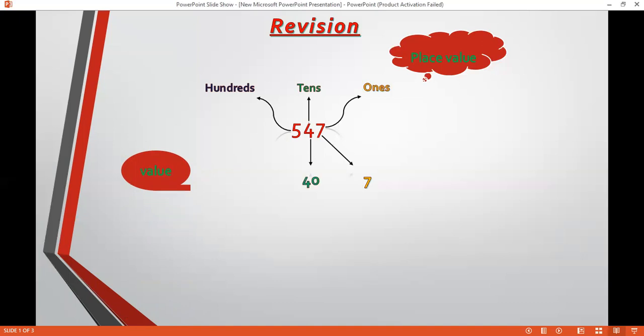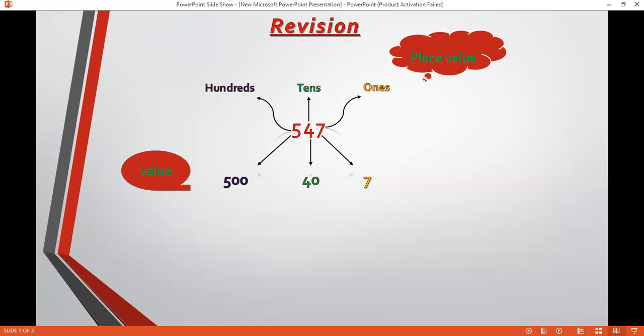That's right. What about the value of 5 here? 5 is in the hundreds place, so it will be 500. That's right, 500. The value of each digit here is 500, 40 and 7.